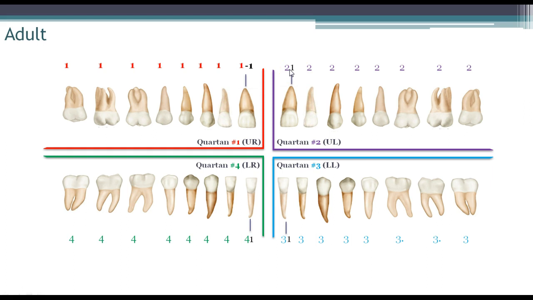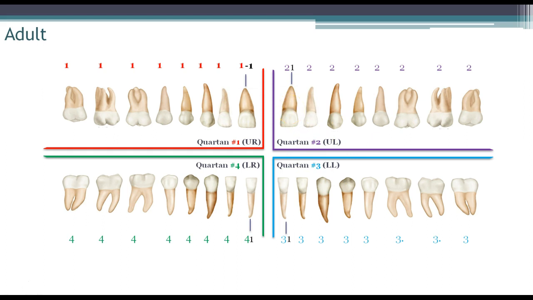Some people will say number 21, but you have to know which charting system they're using, because in the Universal charting system, number 21 is the lower left first molar. But if they're using the FDI charting system, 21 will be the central incisor on the upper left side.